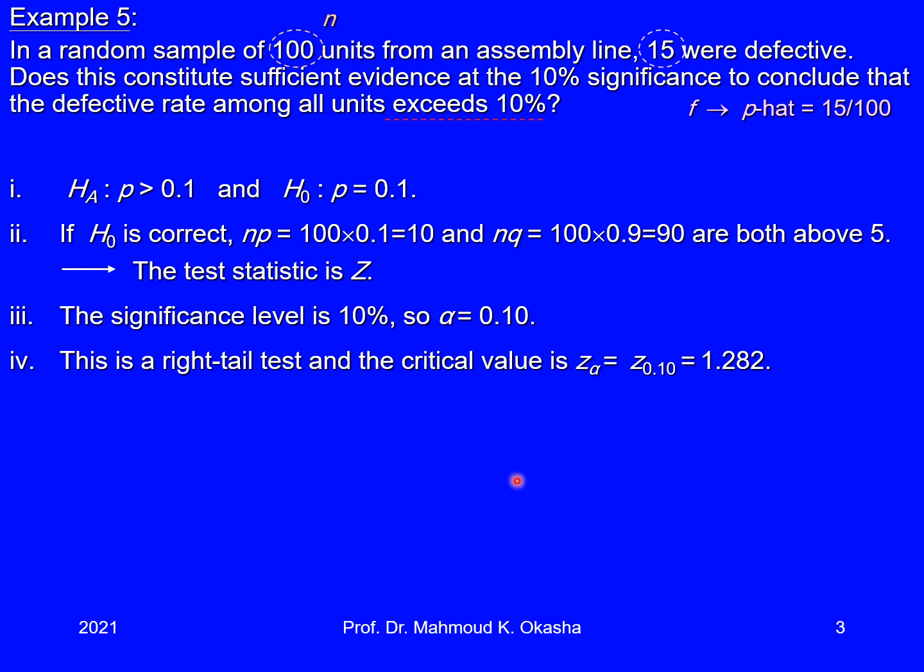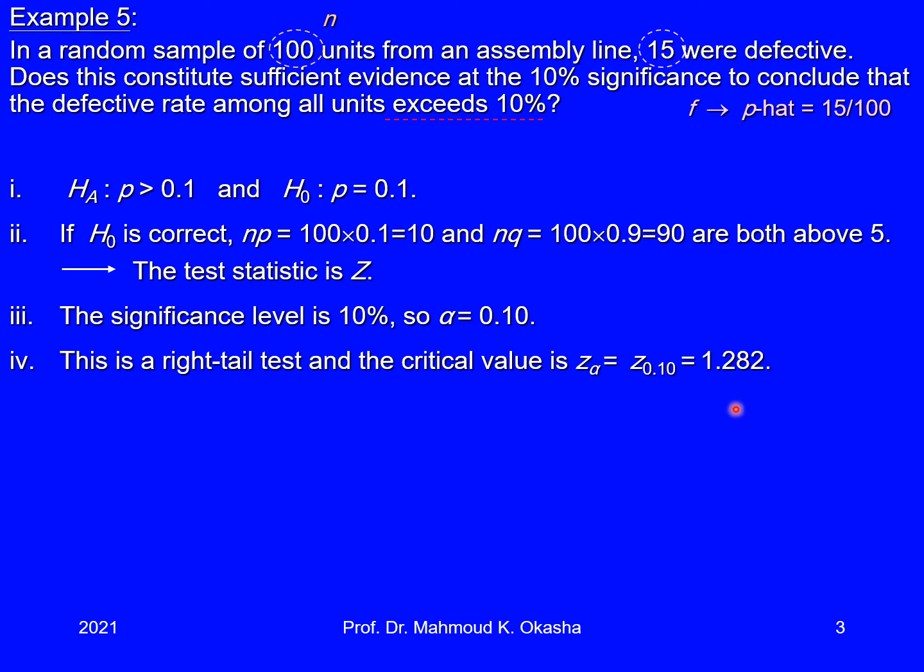So we can call it right tailed. So the Z value from the table using alpha equals 10% will be 1.282. That's from the standard normal table, the statistical table.